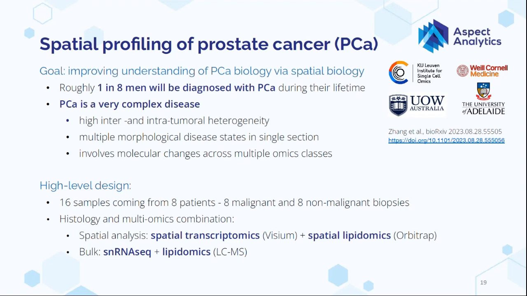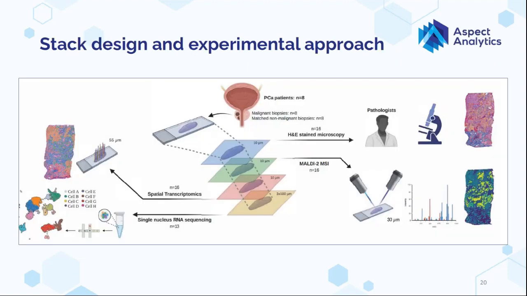Essentially what we combined is traditional histology and several spatial transcriptomics assays, in this case, Visium, not the Visium HD, the regular one, and spatial lipidomics, which in this case was done using an Orbitrap instrument. As explained in the previous talk, there was also single nuclei RNA-seq data available that was used in various ways. I won't go into detail on this. I'll focus on some other aspects.